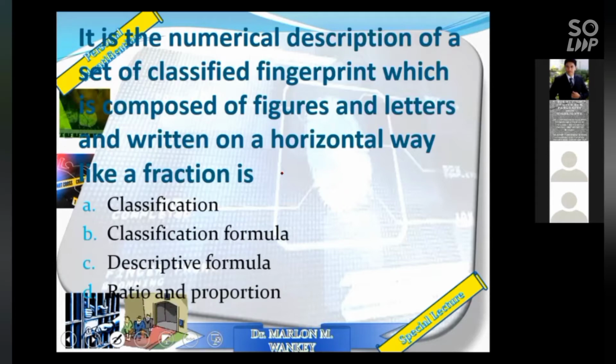Di ba, pag sinabi nating fraction, there is numerator and denominator. So, the correct answer for this question is the classification formula. We will talk later more about classification formula.